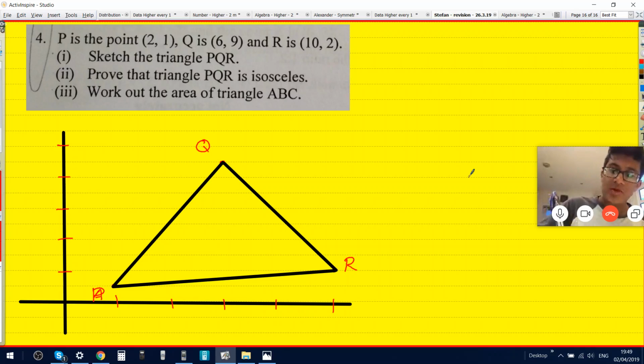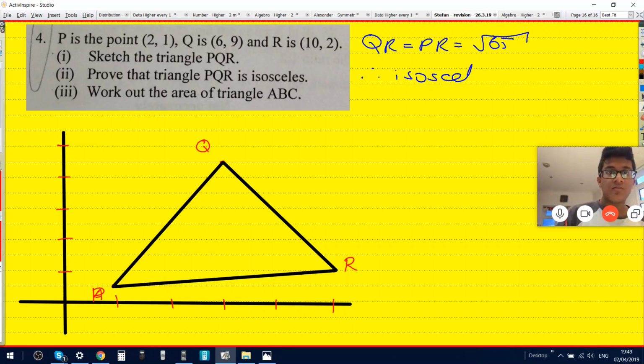The change in y is 1. Therefore, PR is the root of 8 squared plus 1 squared, which is root 65. And we can say that because QR equals PR, this is an isosceles triangle. That's it. And you don't have to also show that the angles are the same. That's implied if those are the same length.